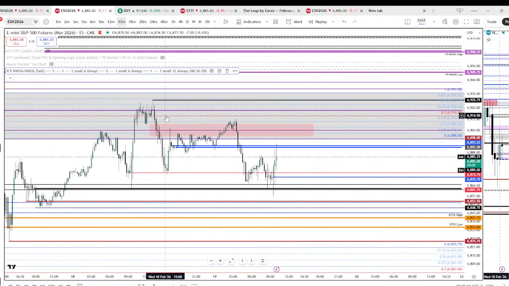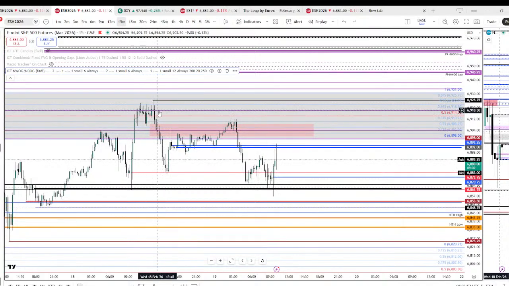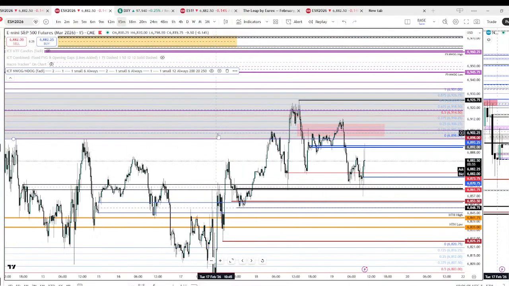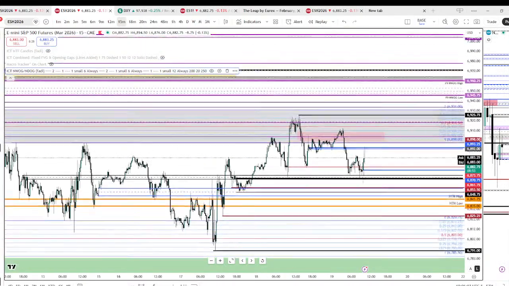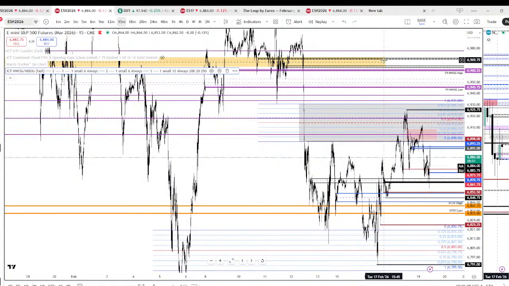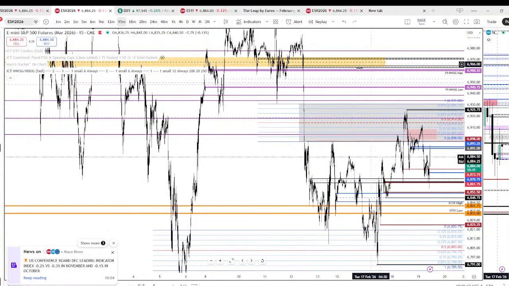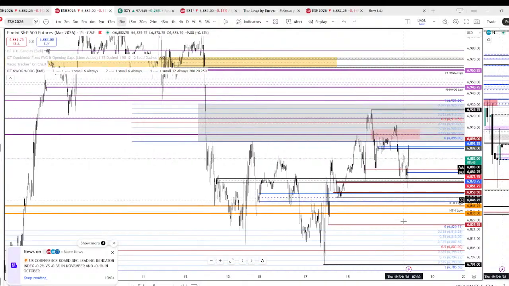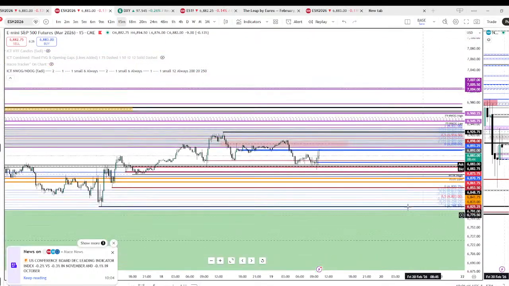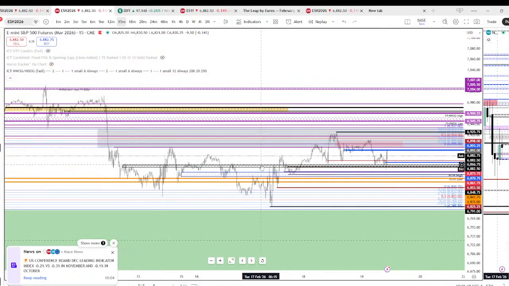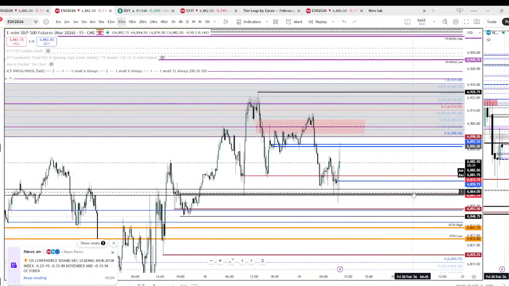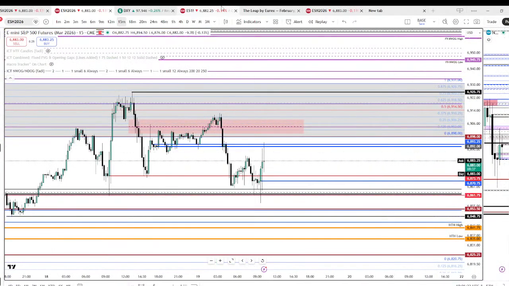You know, we made it above 50% of that daily kind of imbalance, but we got trapped by that midpoint consequent encroachment of the new week opening gap. Here's our yearly fair value gap, first presented. Yeah, I see lower. That's my bias.